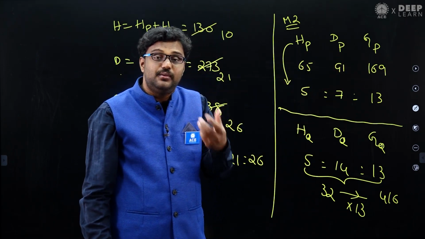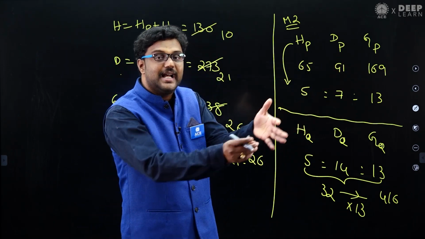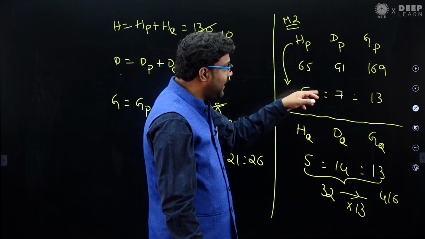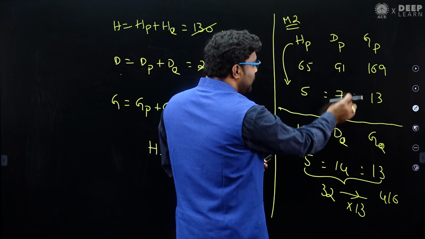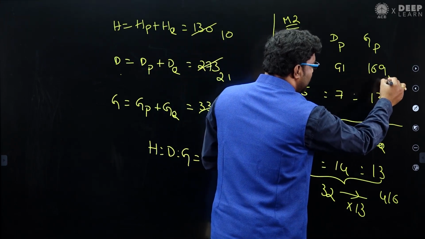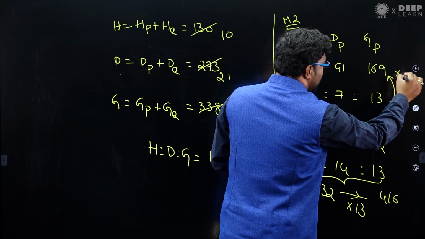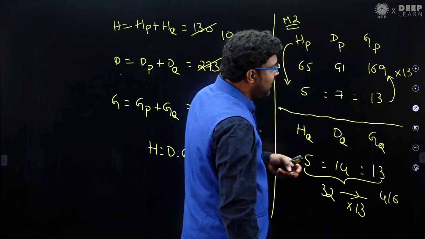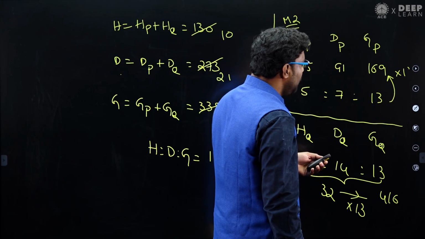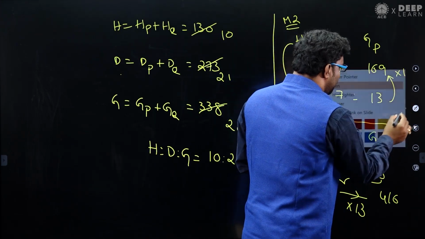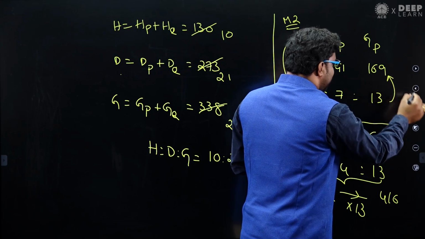As both are into 13, we can add it directly now. The multiplication factor is the same in both. Here also into 13 actually, 5 into 13, 7 into 13, 13 into 13, this is all multiplying with 13, right? So as you have the same multiplication with 13 in both cases, we can add it directly.